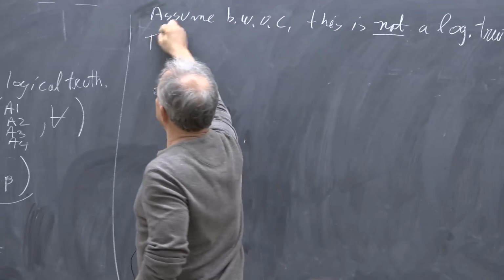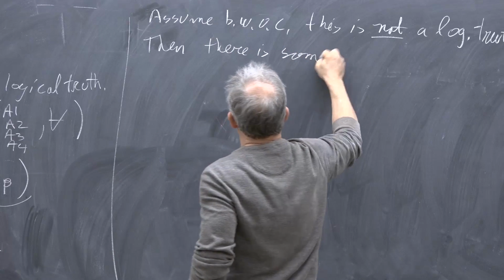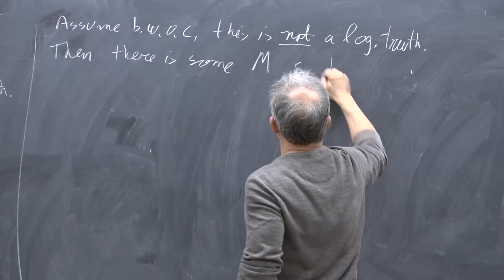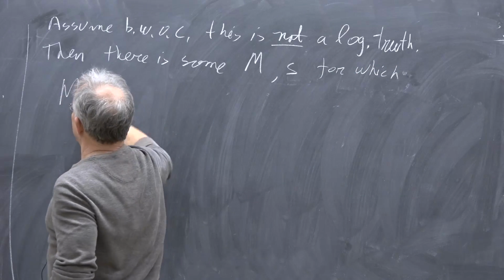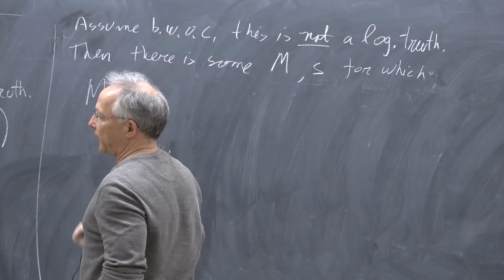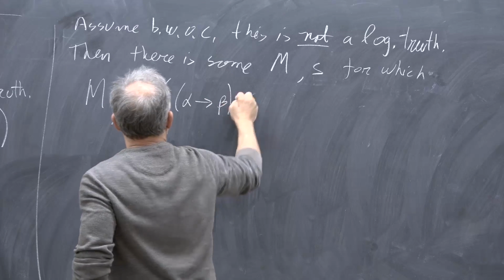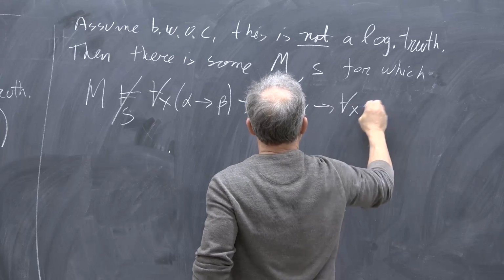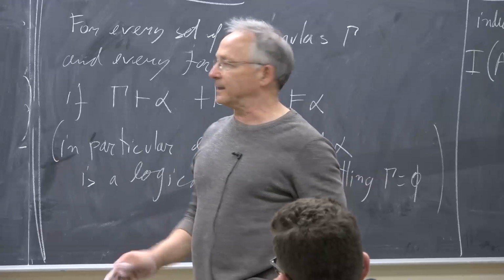Then there is some structure M and assignment S for which M under S does not satisfy my formula: for all x, alpha arrows beta, arrows for all x alpha, arrows for all x beta. If it's not a logical truth, there is a structure, there is an assignment that makes it false.